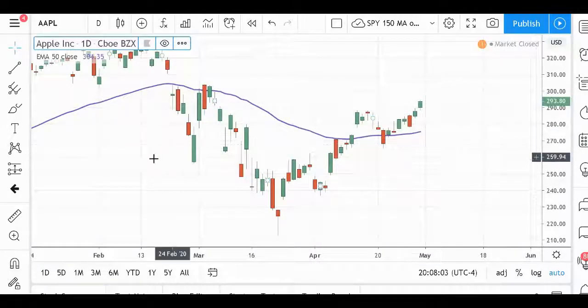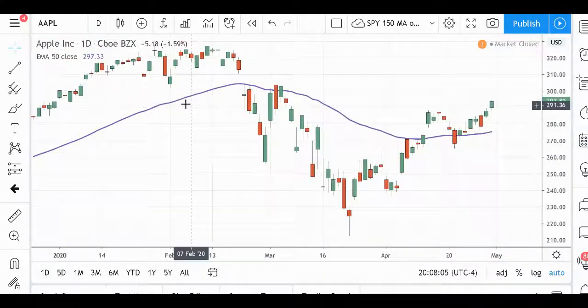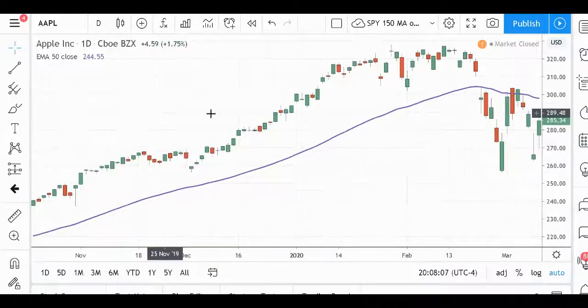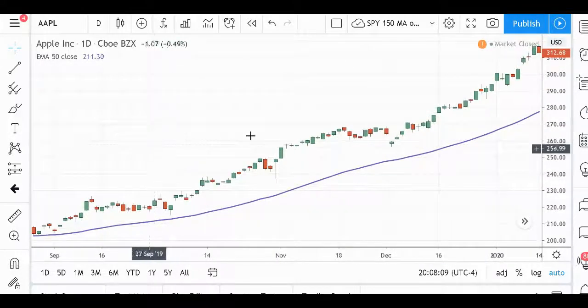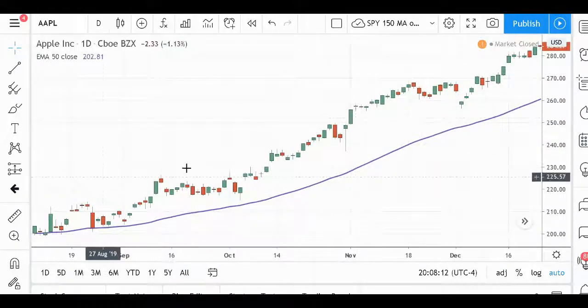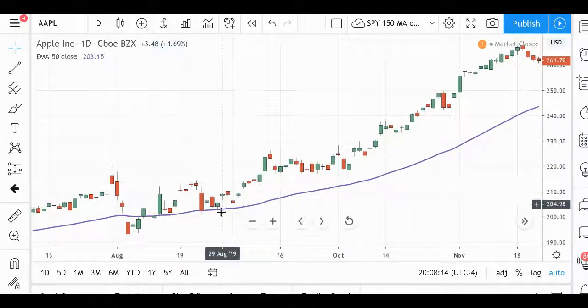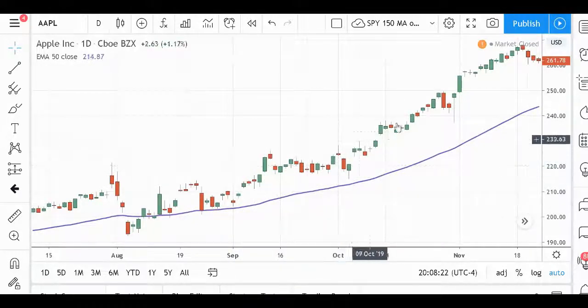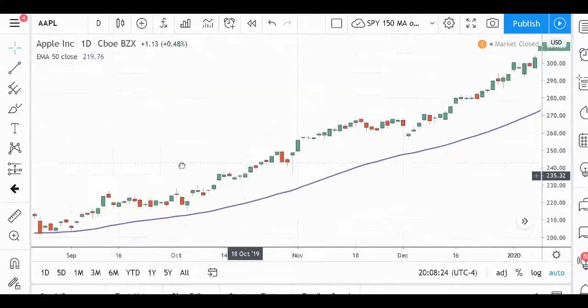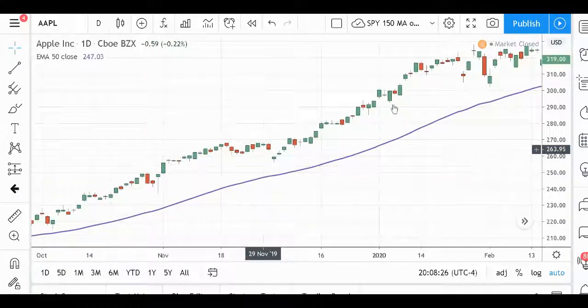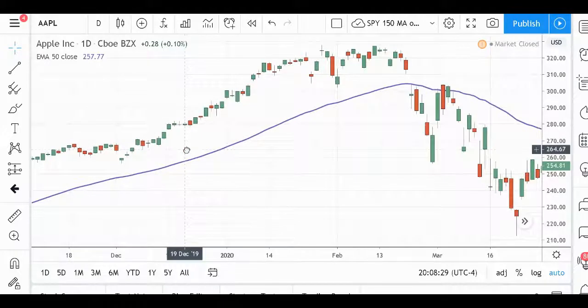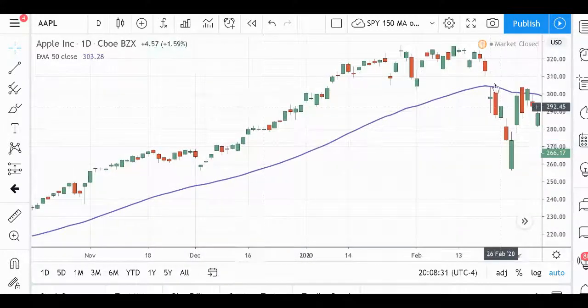And if you go back with the candlesticks, you may notice in many instances that when it is above the line, and I'm not saying that the line is magic or anything, but there are instances when it's above the line, and if you went long, if you bought, you would have done quite well. It just kept going, and you could hold on to it until it came back below it.